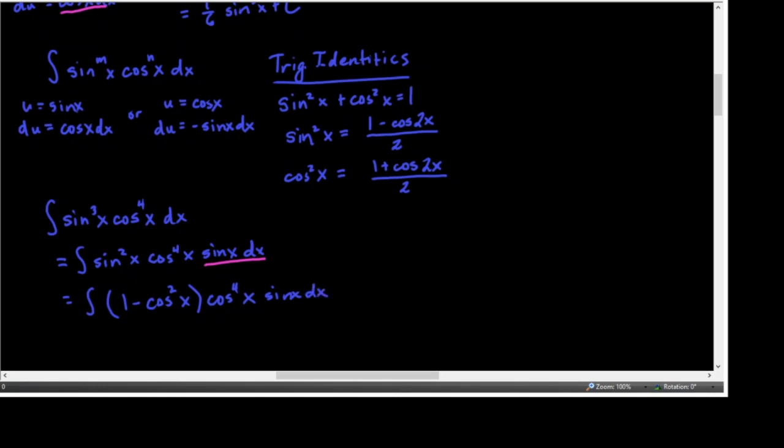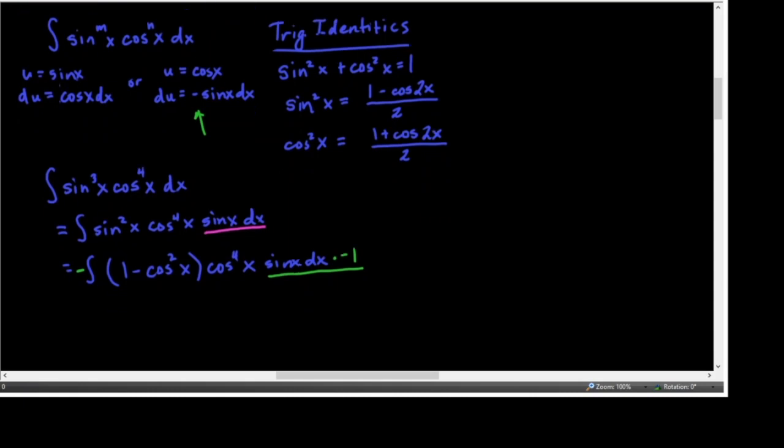Okay, so again, we're using this one, and that means that we're missing a negative 1. So I'm going to multiply inside by negative 1 so that all of this is my du. The only way I can do that is if I multiply outside by a negative 1 at the same time.